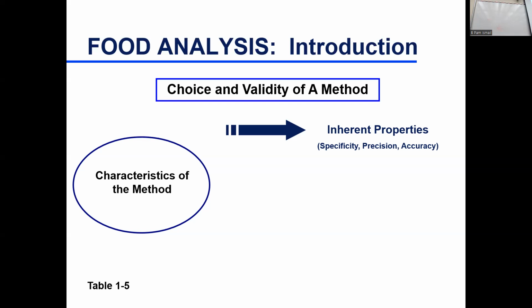And then you might need to determine glucose from total carbohydrate. You don't want total, you want glucose. So you would determine which method you want to use that would only tell you how much glucose you have. Not fructose, not sucrose, not starch, just glucose.